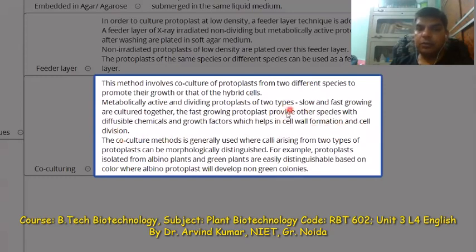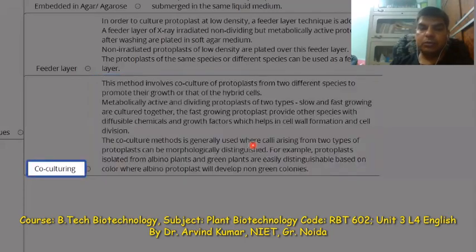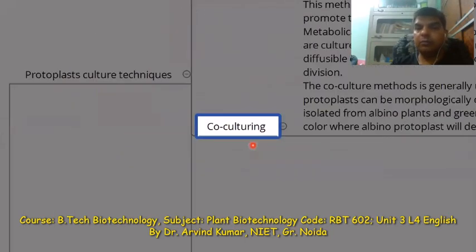Okay, so we are using two types of protoplast here. The co-culture method is generally used when calli arising from the two types of protoplast can be morphogenically distinguished. For example, protoplasts isolated from albino plants and green plants are easily distinguishable based on color, where albino protoplasts will develop non-green colonies. So it is just a technical detail to show you how this method will work.